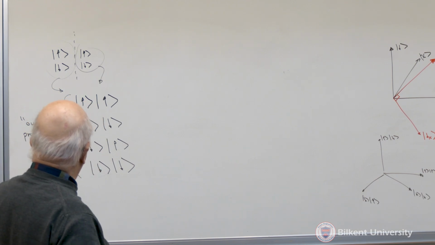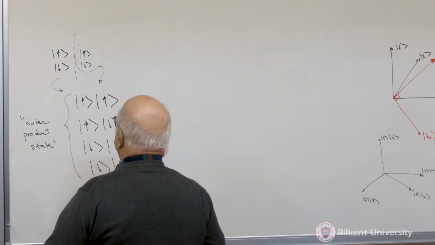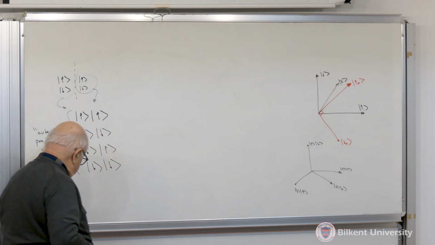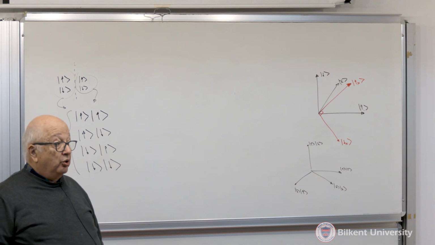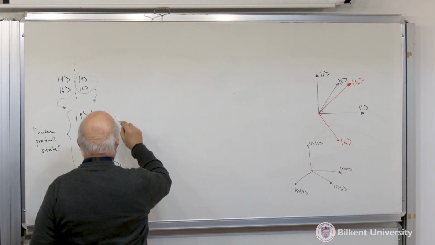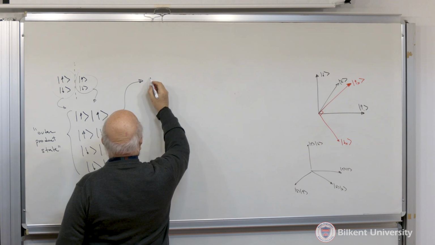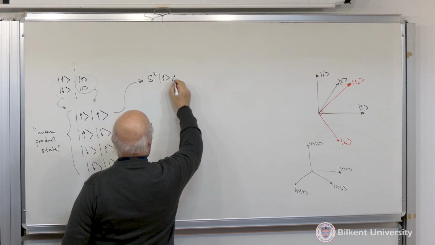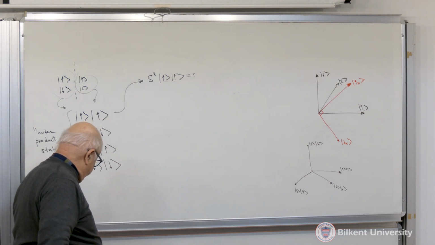Now, but I also know that I should be somehow able to construct these total spin states, okay? So I'll just take one of them, this one at the top, and try to find out what S squared gives me, whether it gives me something like this.